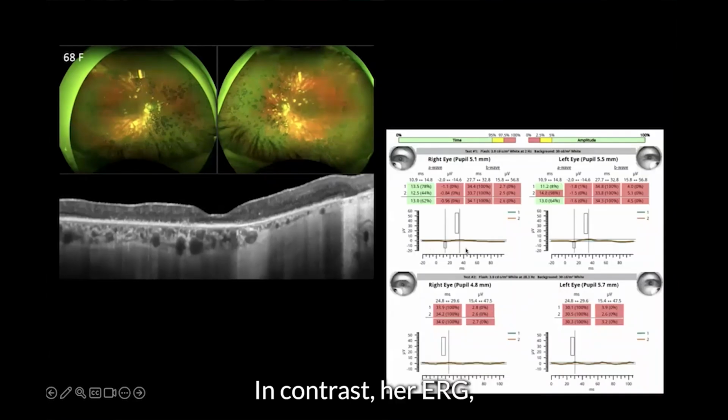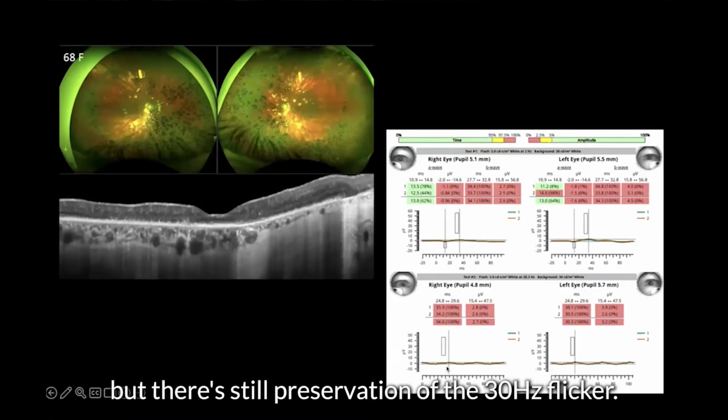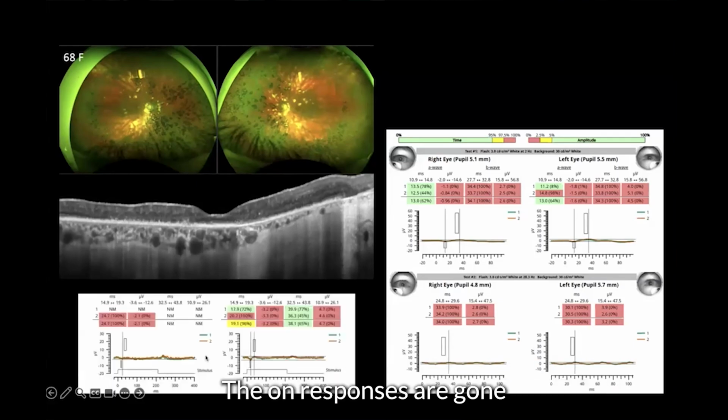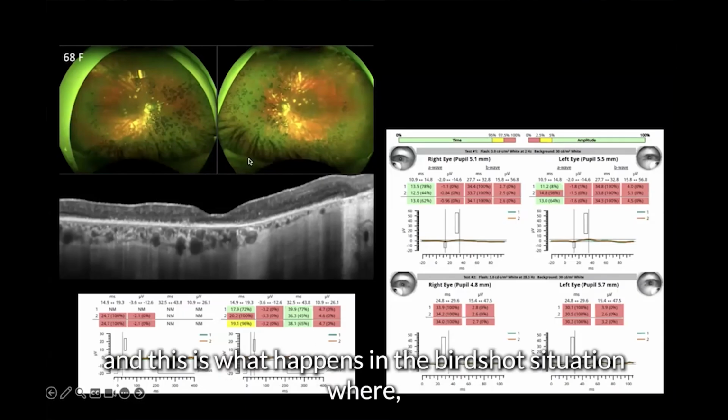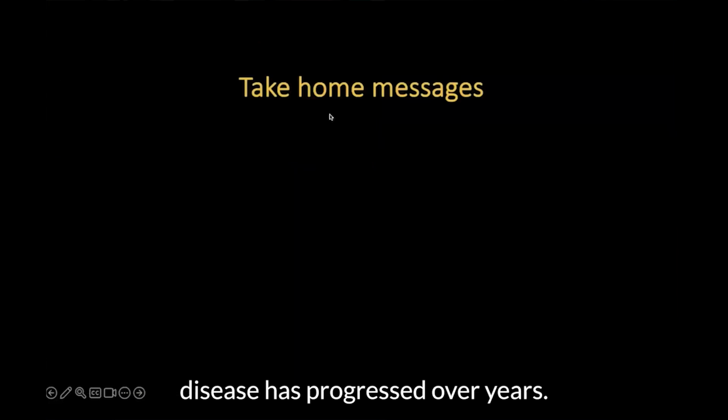In contrast, her ERG, this is the light adapted ERG, shows severe reduction in the A and B wave, but there is still preservation of the 30 Hertz flicker. The on responses are gone. And this is what happens in the birdshot situation where, despite lack of any symptoms, disease has progressed over years.